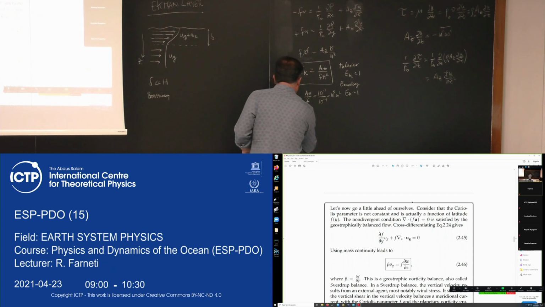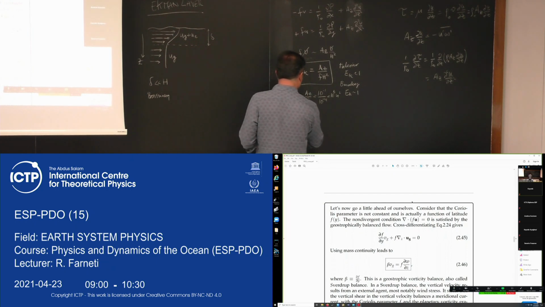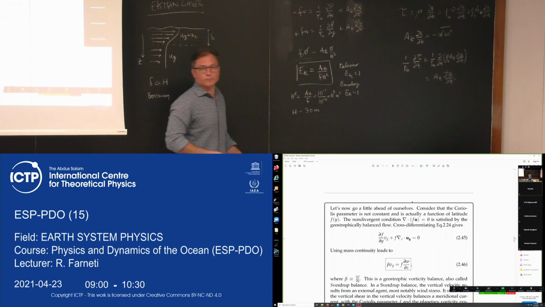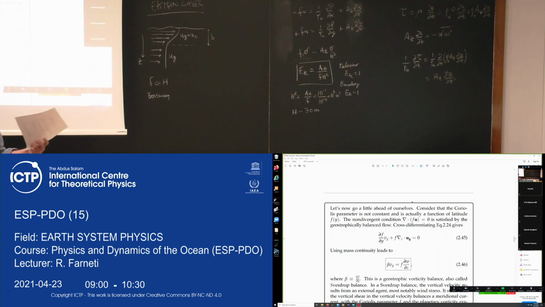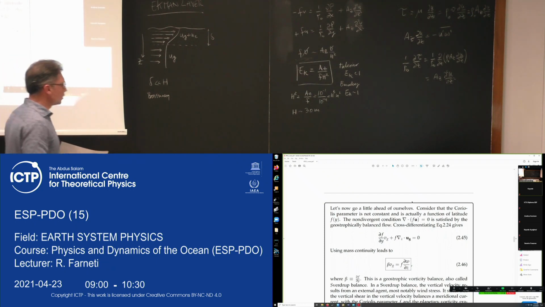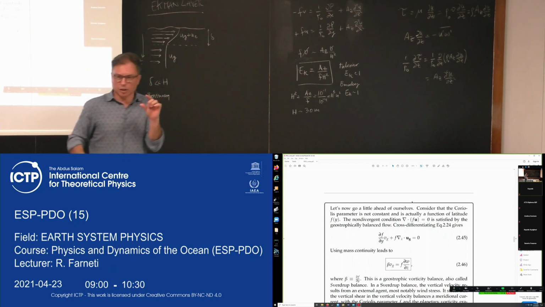So the typical depth or height of the Ekman layer in a fluid is something like 30 meters. It's just a rough estimate to understand that it's a few tens of meters in the top Ekman layer. In winter, in the ocean, the top Ekman layer can be 100, 150 meters, but in normal conditions, it's on the order of a few tens of meters. So it's very shallow. Okay?